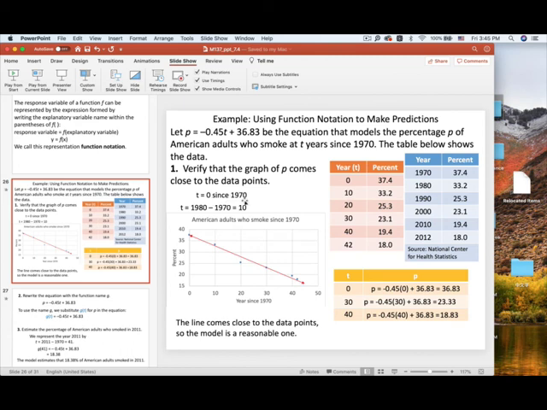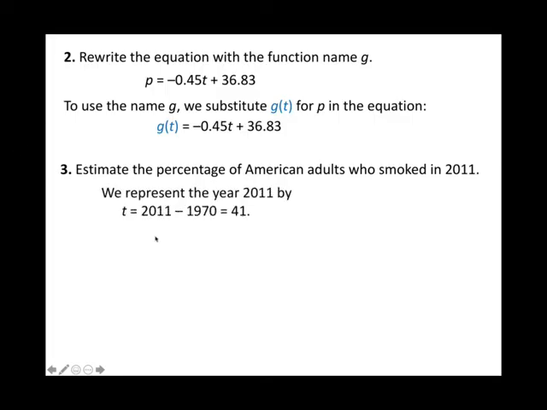So right now we want to find out for 2011, what is your t equal to? So we're going to use 2011 minus 1970, which is going to be equal to 41. So now we're going to plug 41 into this linear equation. What is g of 41 equal to? Use your calculator. You should get 18.38.